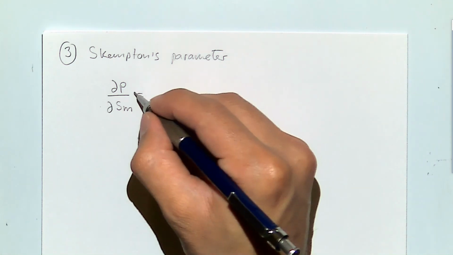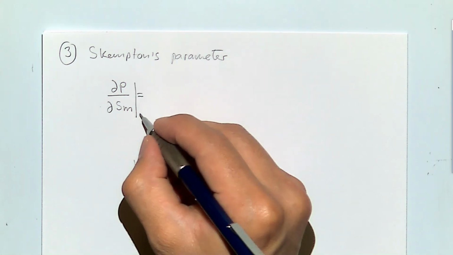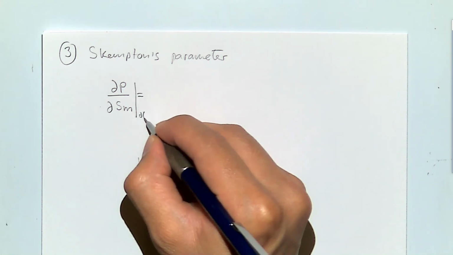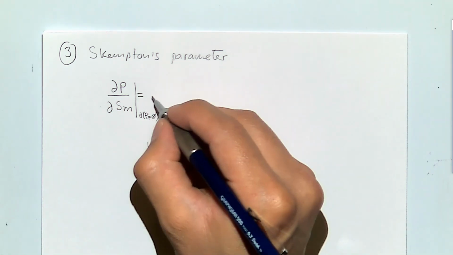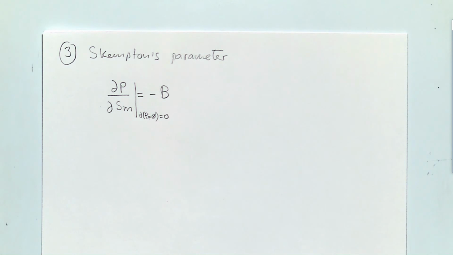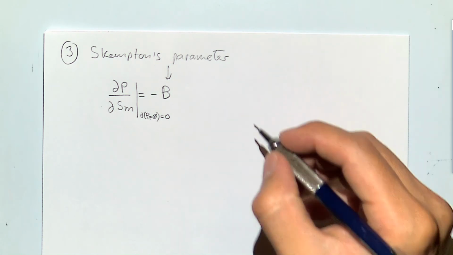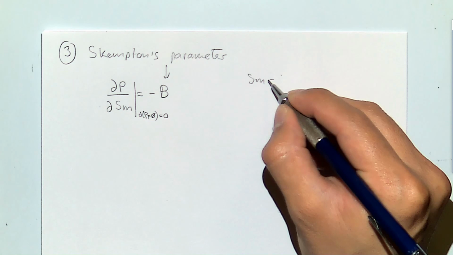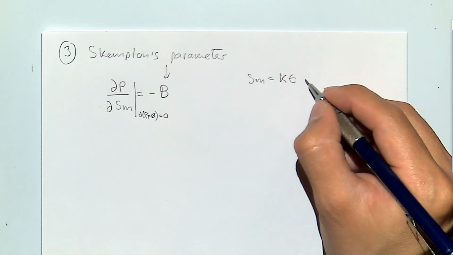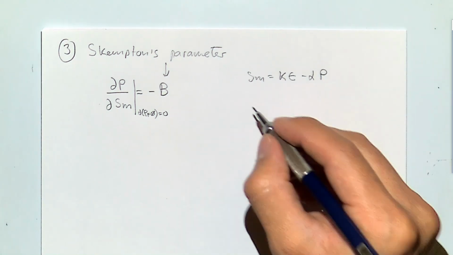Again, I always forget to put this undrained condition here. For an undrained condition, this is called the Skempton parameter, and it's called B. And you can work through the equations of poroelasticity and figure out what this Skempton parameter is.